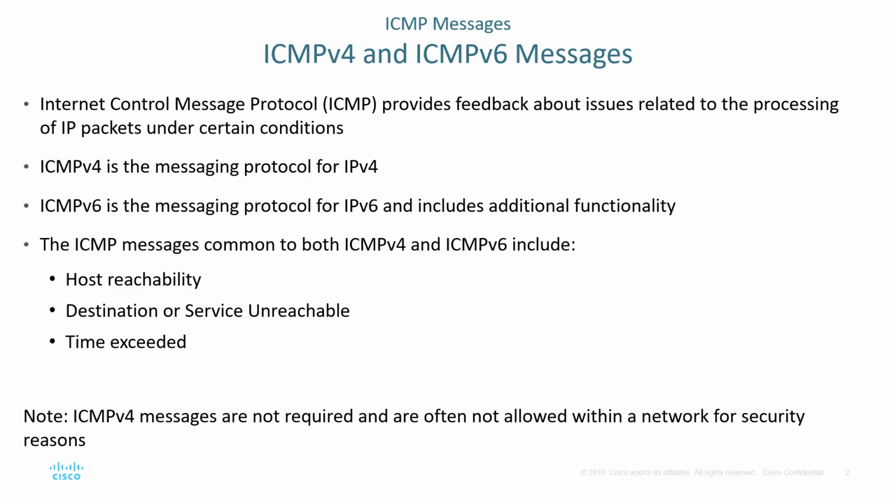Again, Internet Control Message Protocol provides feedback about issues related to the processing of IP packets under certain conditions. So obviously ICMPv4 is for IPv4 and ICMPv6 is for IPv6.